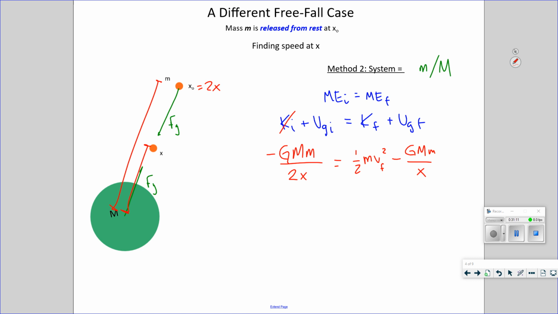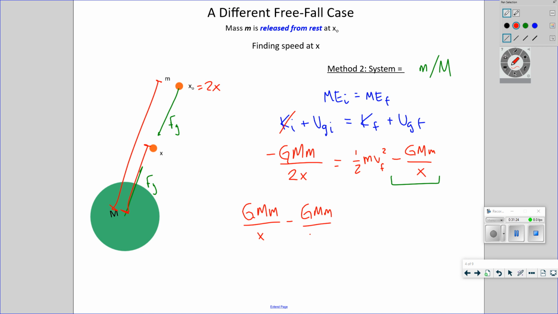We want to solve for v. Let's add this term to both sides, and we get GMm over x minus GMm over 2x equals 1/2 m v final squared.